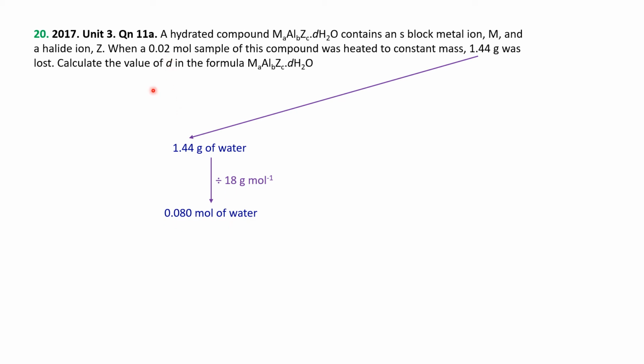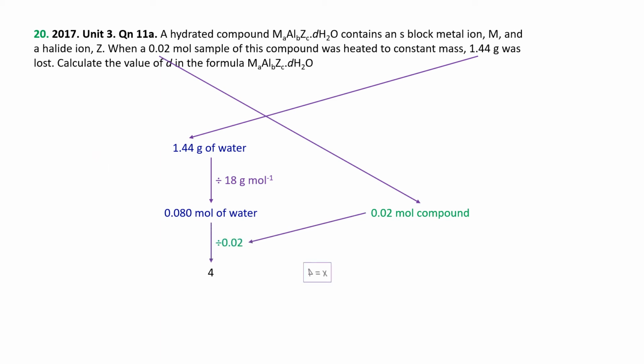And that came from 0.02 moles of the compound. So you can see that this question is phrased in a way where we don't have all the stuff in there. They just straight off tell us the number of moles and the mass of water, which we convert to moles. Usual process, divide by the smaller number to get a nice ratio where we see that X is 4.